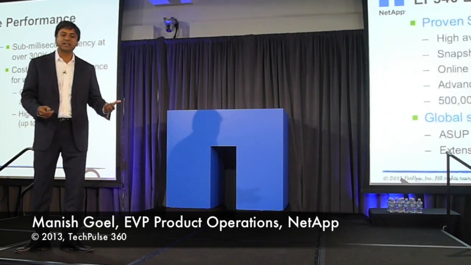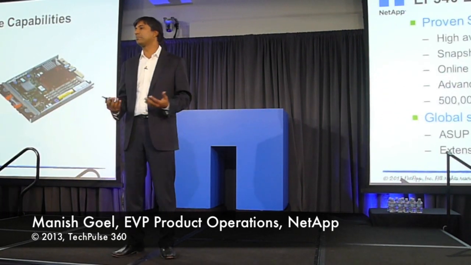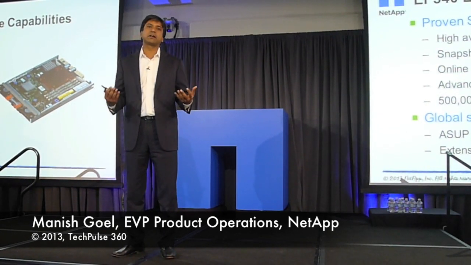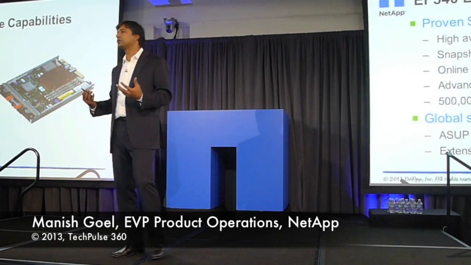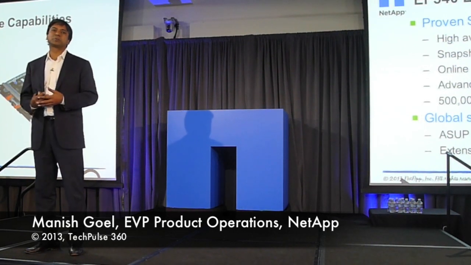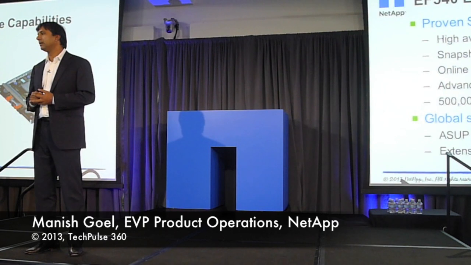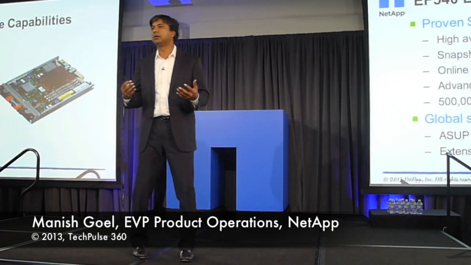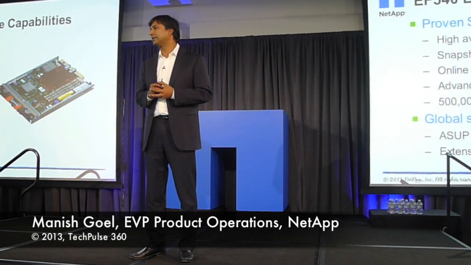So it has to start with performance, but then it is really about all the enterprise capabilities that this product brings to the table: availability, snapshots and replication data management capabilities, advanced monitoring so that you can figure out what's going on in the system and where there might be trouble spots, phone home capability for remote support, and global support for customers who don't have data centers that are only local but run a global distributed enterprise IT.